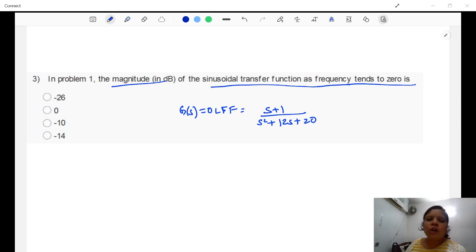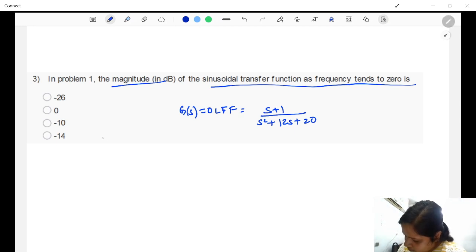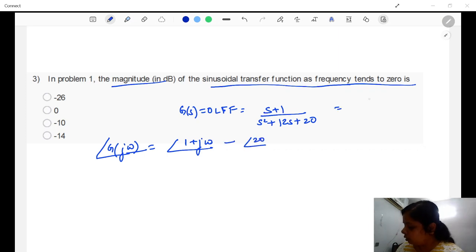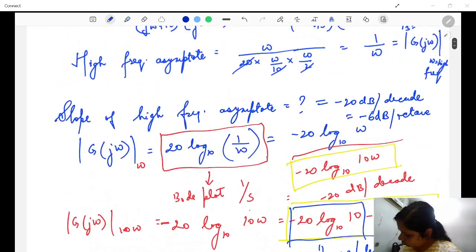Okay. So we want to find out the angle at low frequency. G of j omega. Now it would definitely be angle of 1 plus j omega, right? I am not given that form. Just let me see.